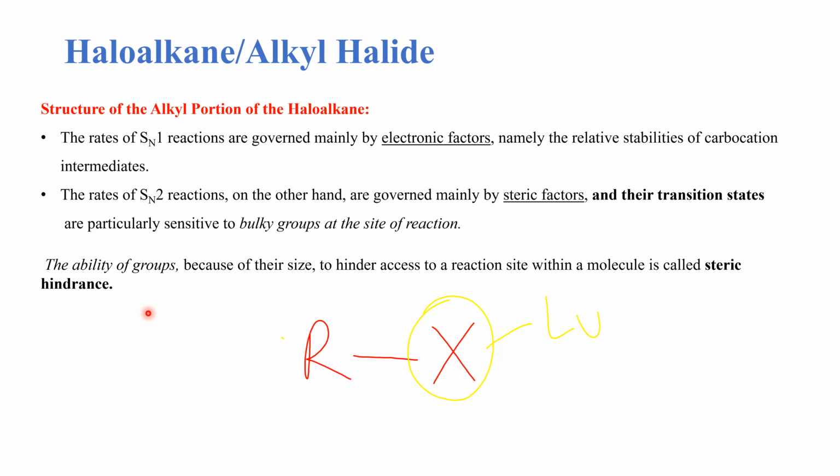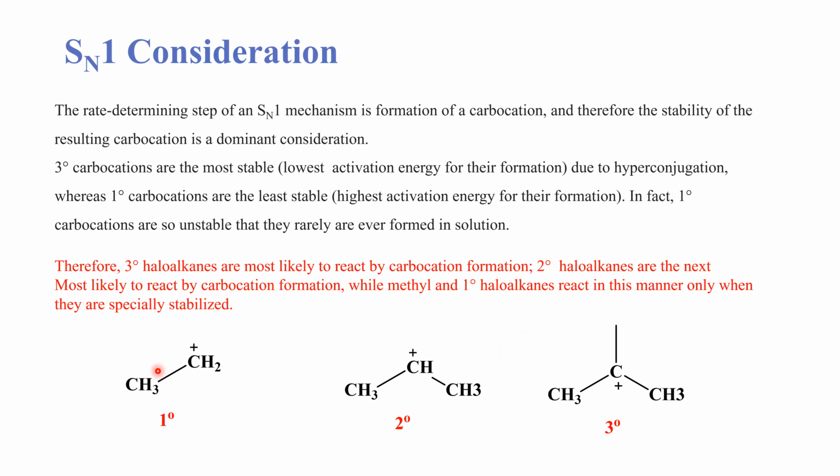Now we will see one by one, firstly SN1 considerations and then SN2 considerations, and how these electronic factors and steric factors really matter and influence SN1 and SN2 reactions. So firstly, SN1 consideration.